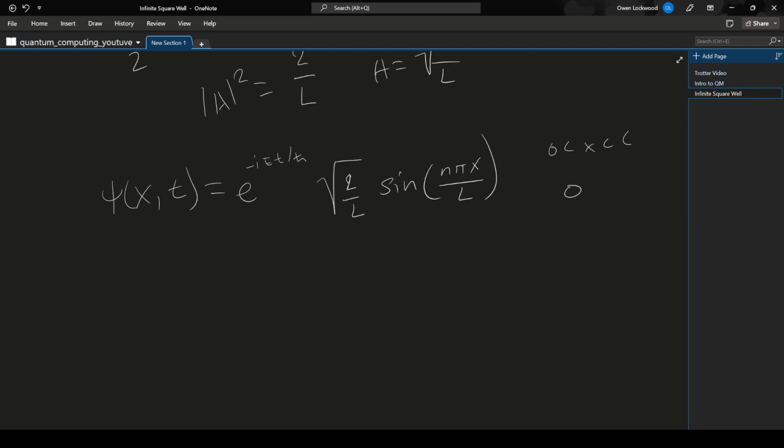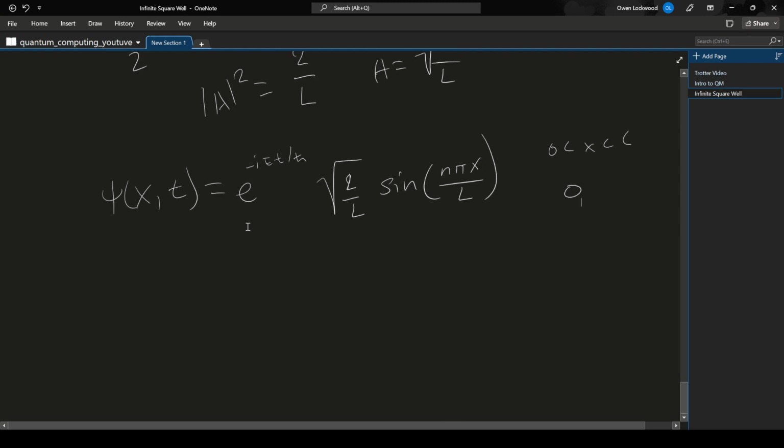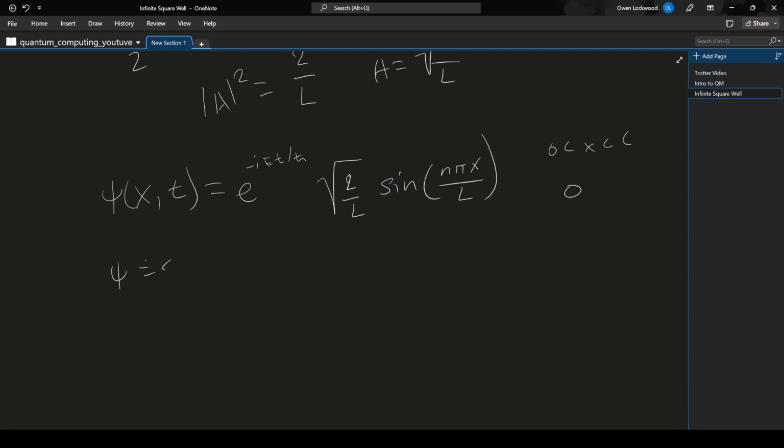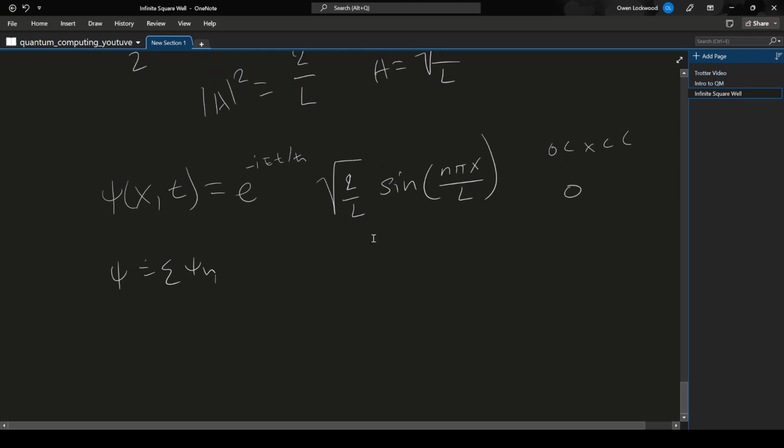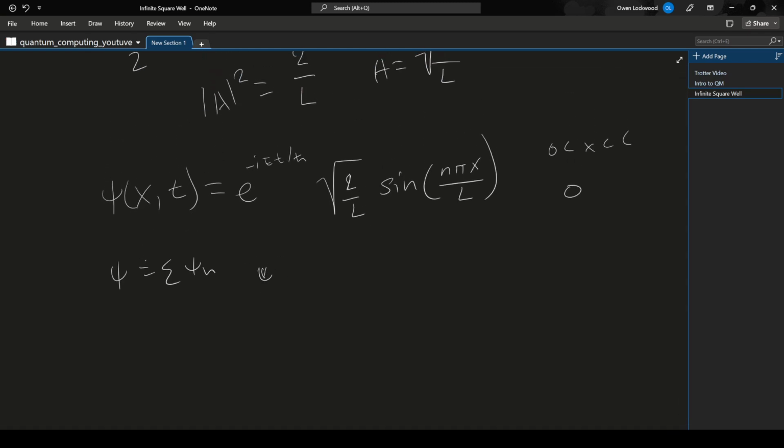This solution has a lot of handy properties. Specifically, for the increasing wave functions, right? So we said above that our big wave function is a sum of little wave functions. We can see that these little wave functions are obviously going to be defined by this n.